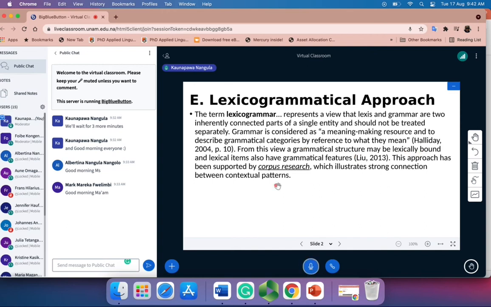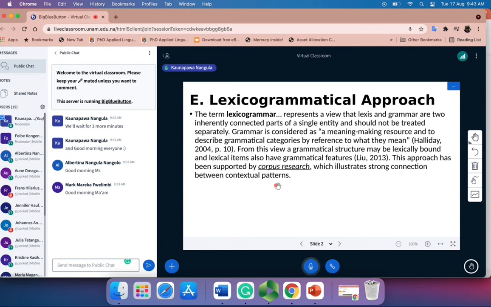So which means the grammatical structure that you're talking about is from that list of words that a language has. All right. And then lexical items can also have grammatical features. So you cannot really separate the two of them. So you have to teach them together. There's a possibility of you teaching them together. All right. And we'll see an example of how this lexical grammar approach can be used within the classroom.